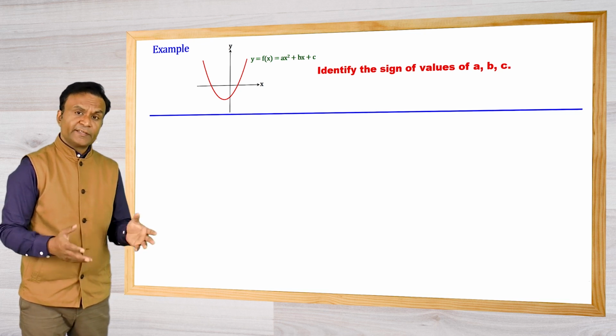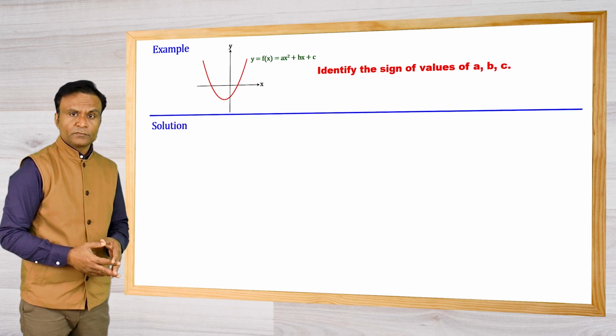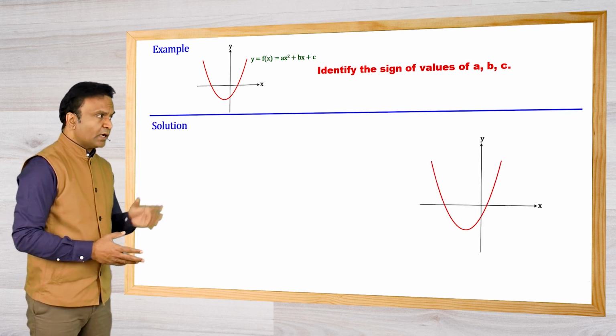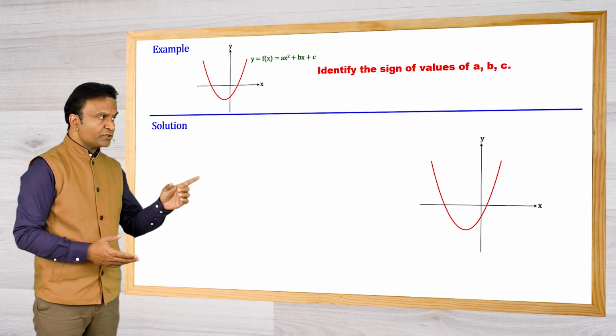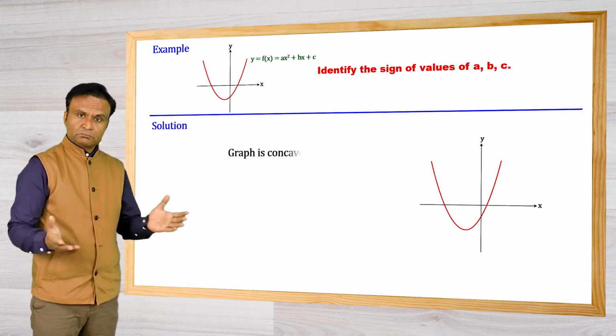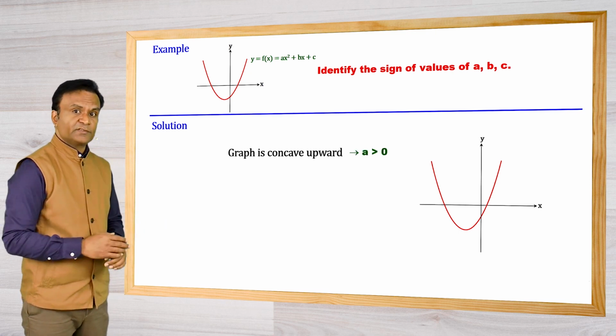We have to check whether a is positive or negative. Similarly, b and c. Let's start with a. How can you identify the sign of a? A is the coefficient of x square. The graph is concave upward, so a is greater than 0.